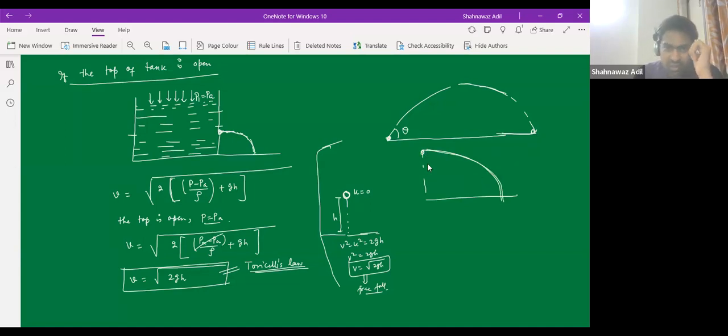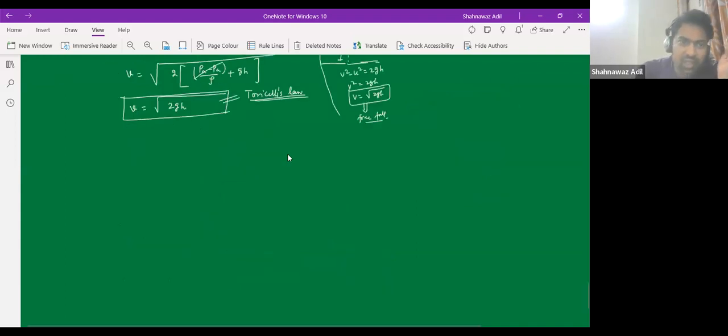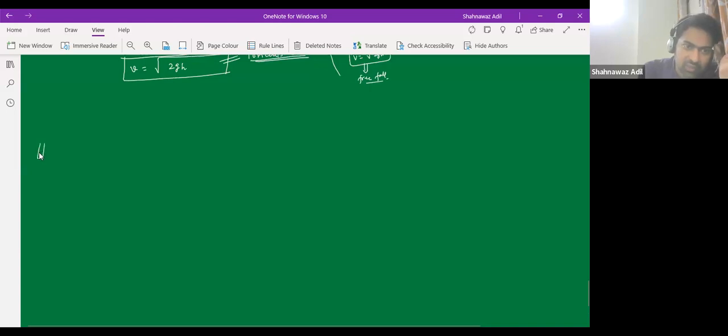So this is a projectile motion. From this, we know the speed is root 2gh. So from this, we can calculate the other parameters as well, right?